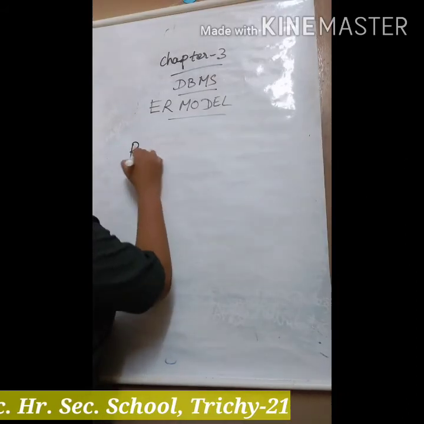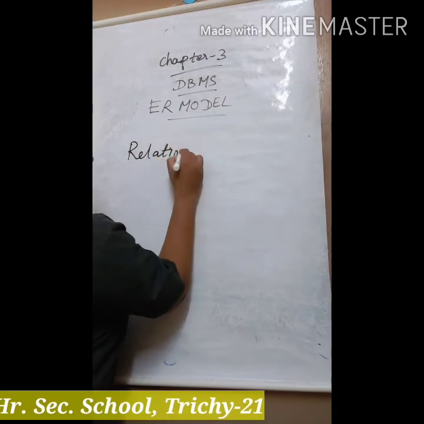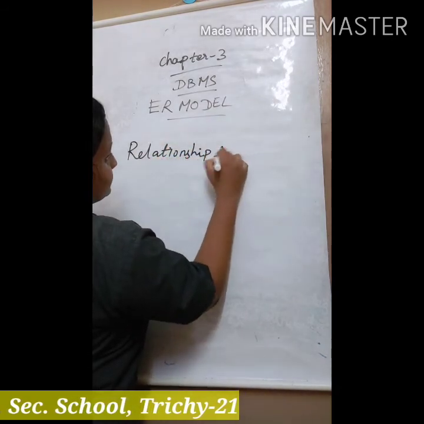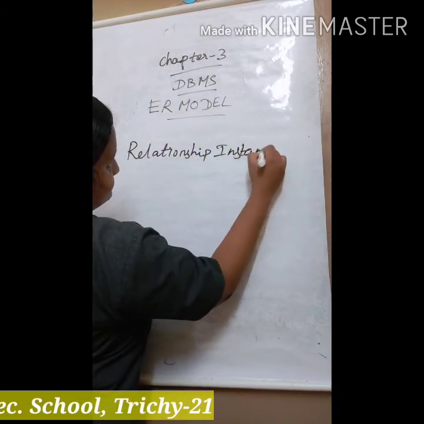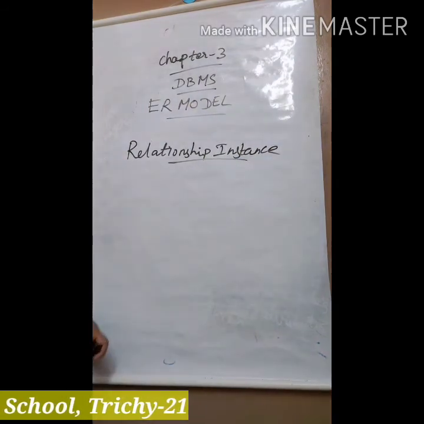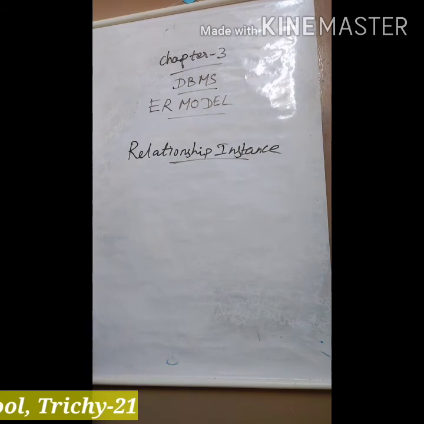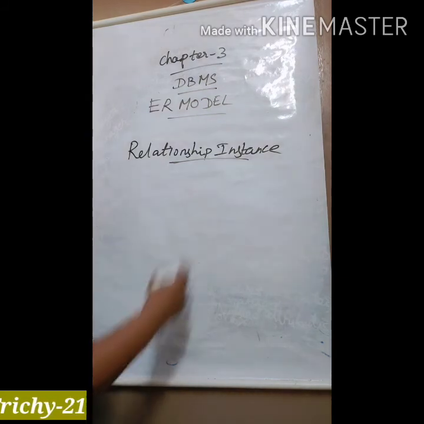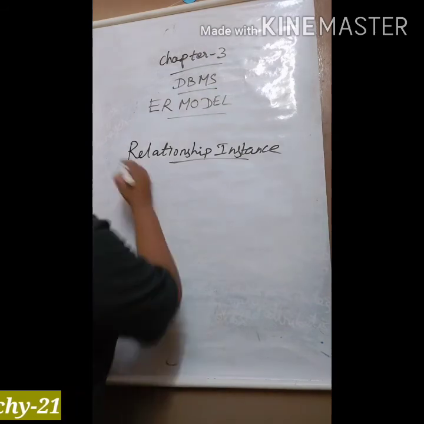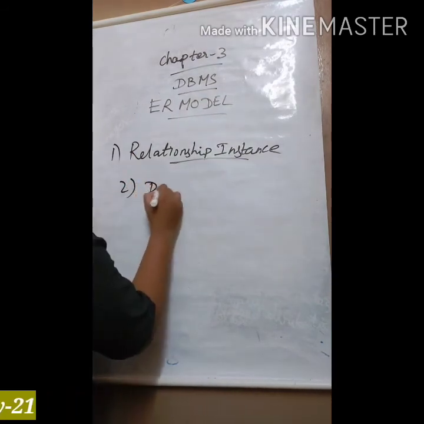Next one is relationship instance. Each instance of a relationship between members of the entity types is called a relationship instance. Then the next one is degree of a relationship.